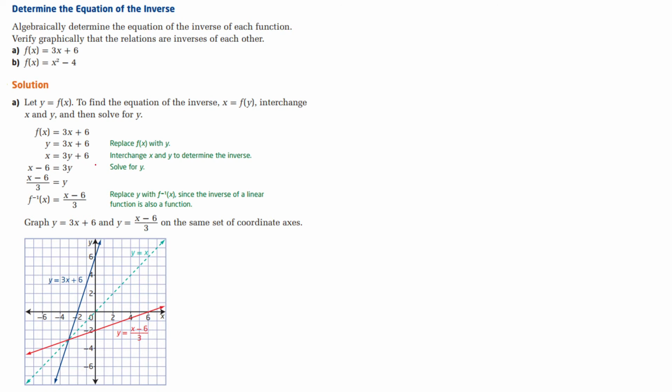Then we just solve it, right? By solving it, we move 6 to the left-hand side, then divide by 3. So we get y equal to (x minus 6) divided by 3. That's how we determine the inverse function. And if we graph it, we will see they are symmetric with y equal to x.